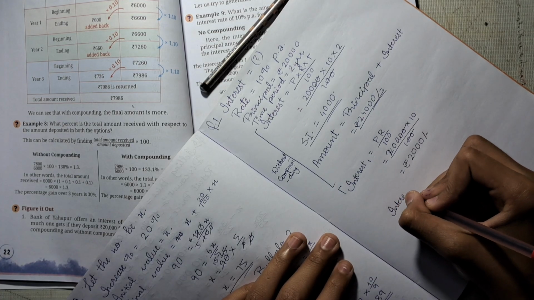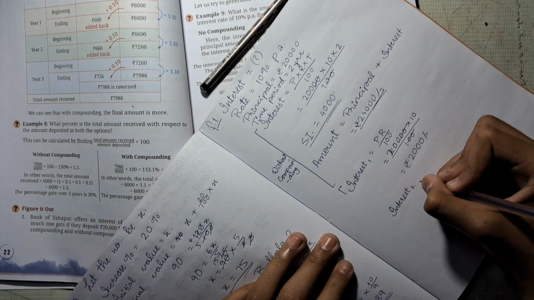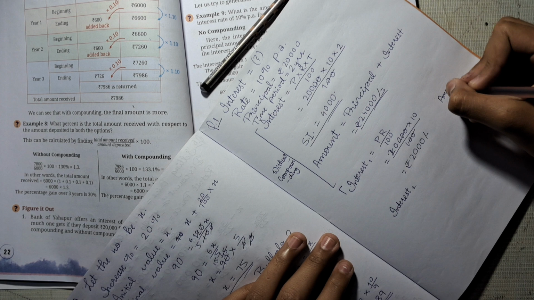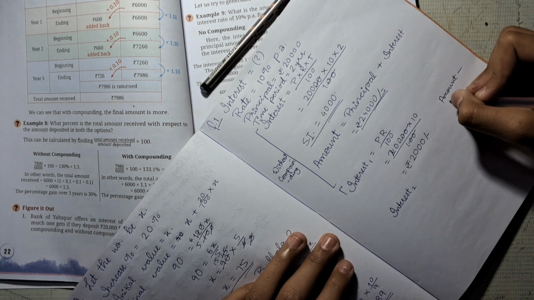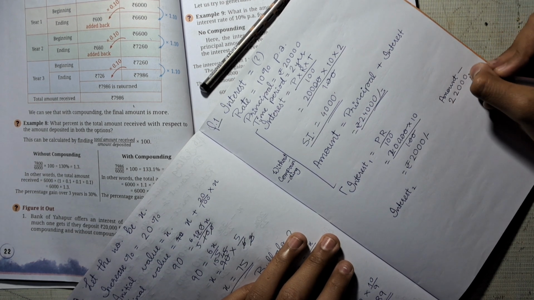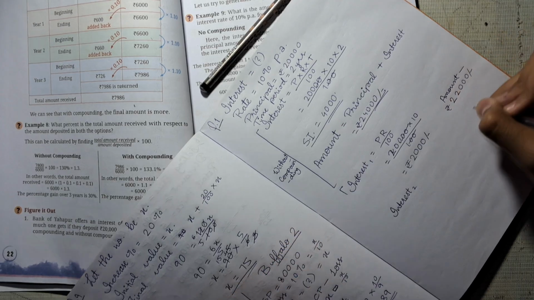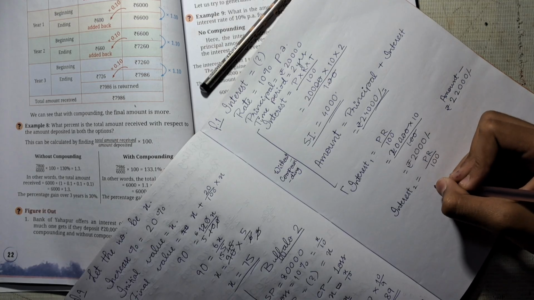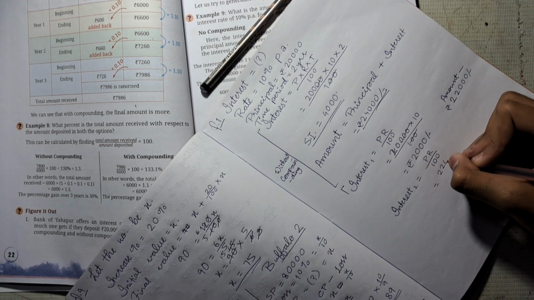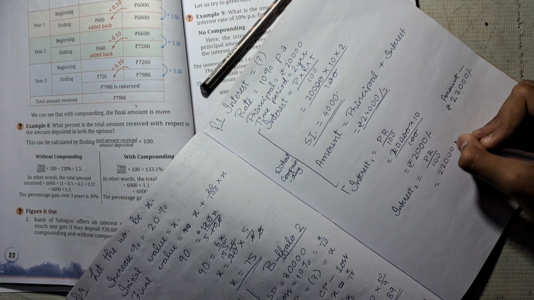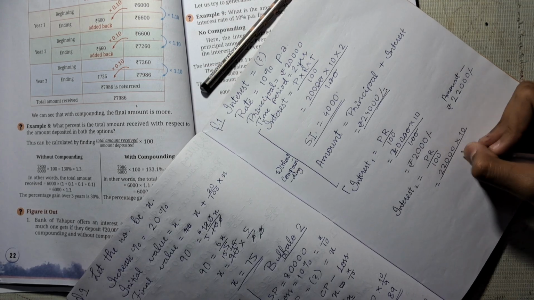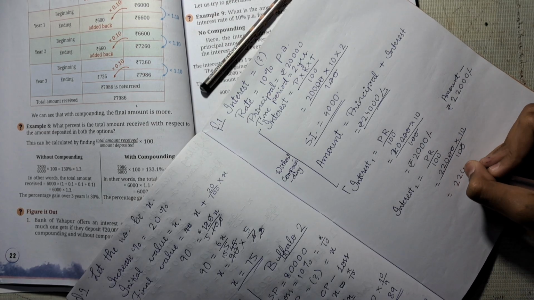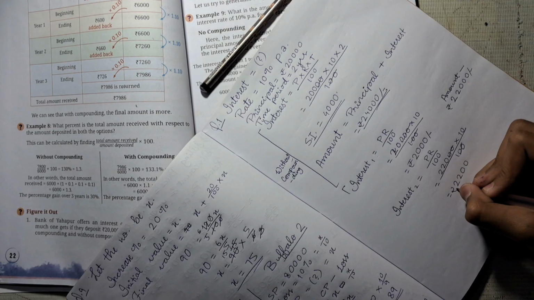Interest for second year, here our amount would be 22,000. PR by 100, here last year's amount would be taken as our principal, and 10 divided by 100, this and this cut, which results in 2,200 rupees.